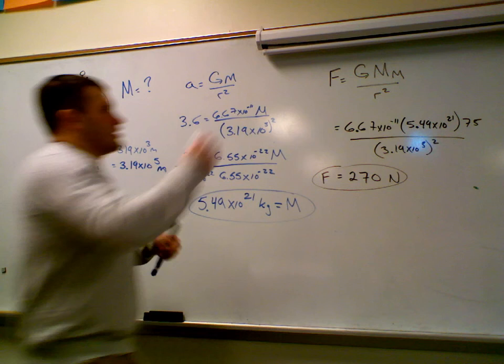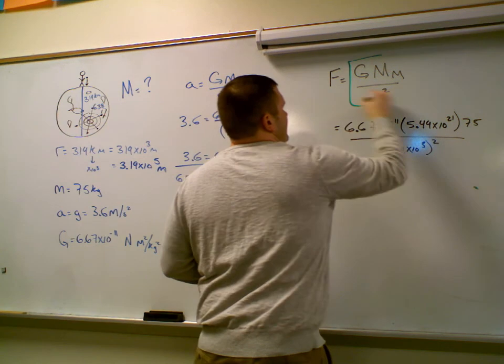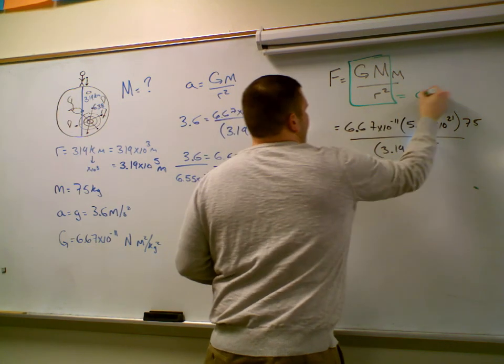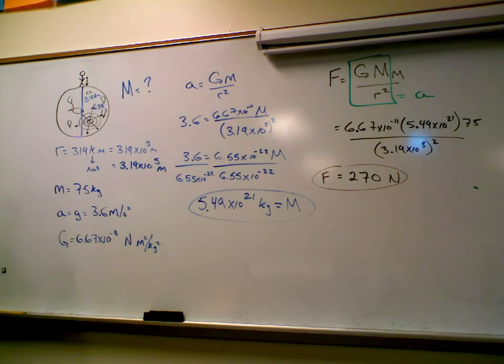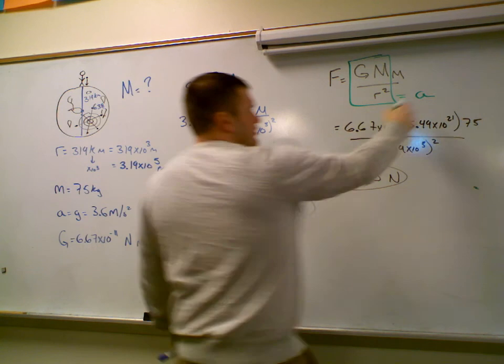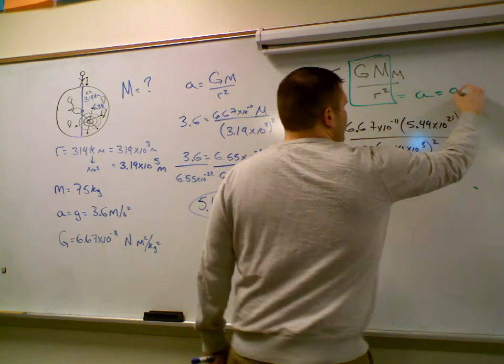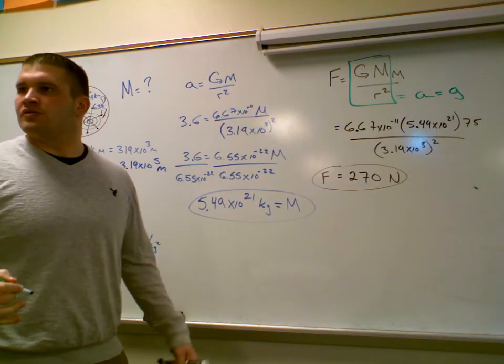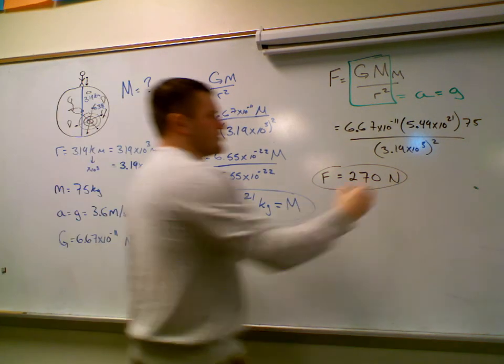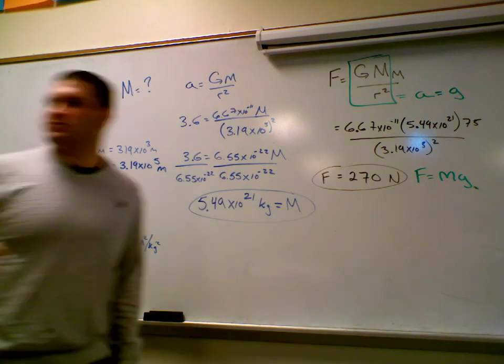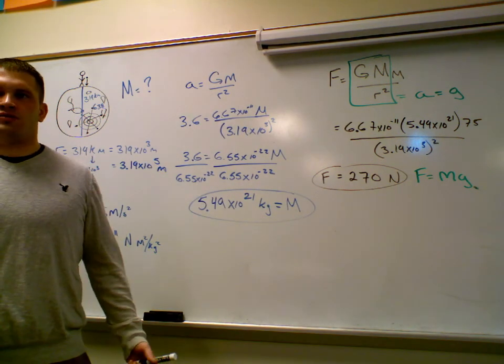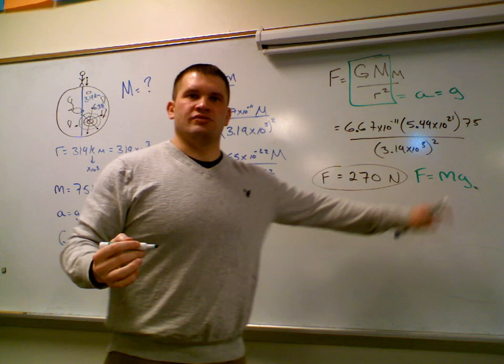If we look at this equation, G M over R squared, isn't that acceleration? So this right here is really g, isn't it? Remember force due to gravity, F equals mg, where g is acceleration due to gravity.